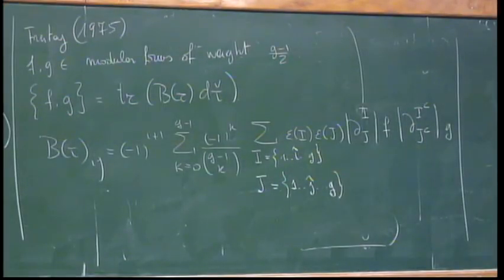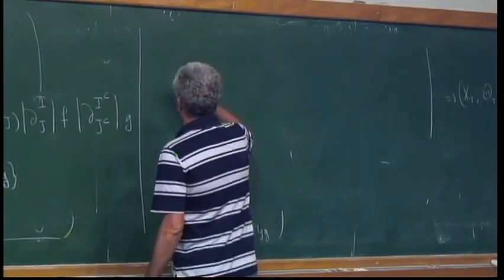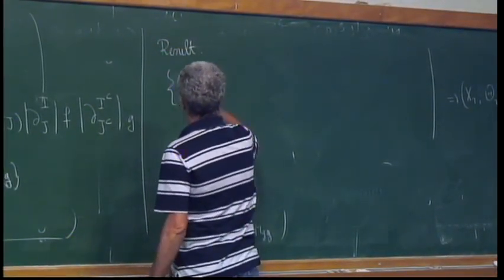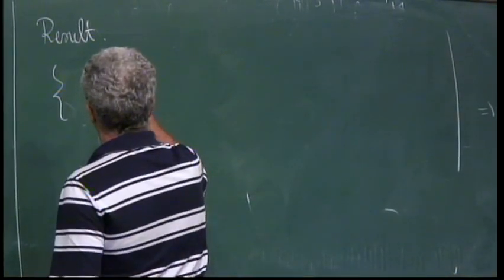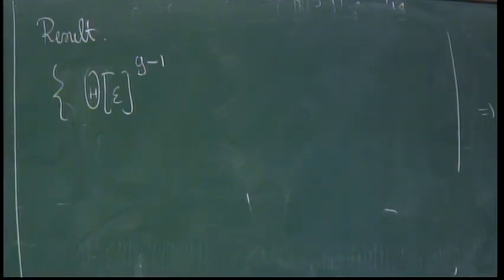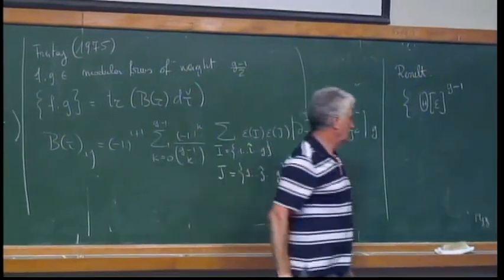So the result that at the moment we can prove: if you consider theta epsilon to the g minus 1, this is an honest modular form of weight g minus 1 over 2.